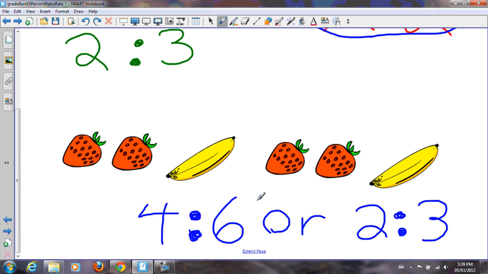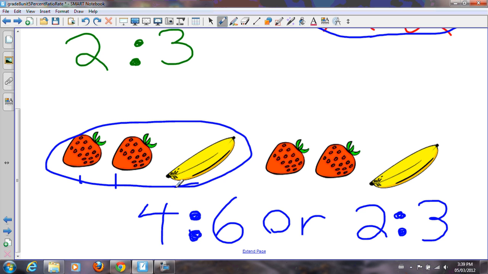Now let's check out how many strawberries to the whole fruit. 1, 2, 3, 4 strawberries to 6 fruit. Or it's the same as having 2 strawberries for every 3 fruit. So it really keeps the same ratio of strawberries to fruit.